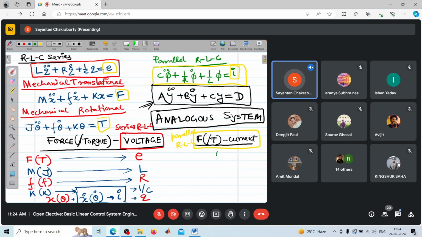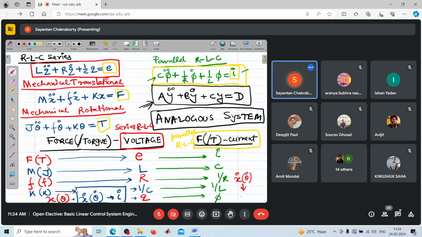So obviously the force will be current, mass will be capacitor, the viscous friction coefficient F will be 1 by R, and the spring constant will be 1 by L. The displacement will be flux linkage, and x dot or theta dot will correspond to what? The voltage, or E I should write.